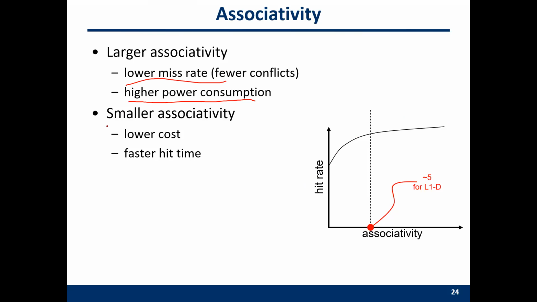If the associativity is smaller, it's more like a direct mapped cache. The cost is low because each memory access only does one tag comparison. The hit rate may be low, but you will have a faster, smaller access latency.